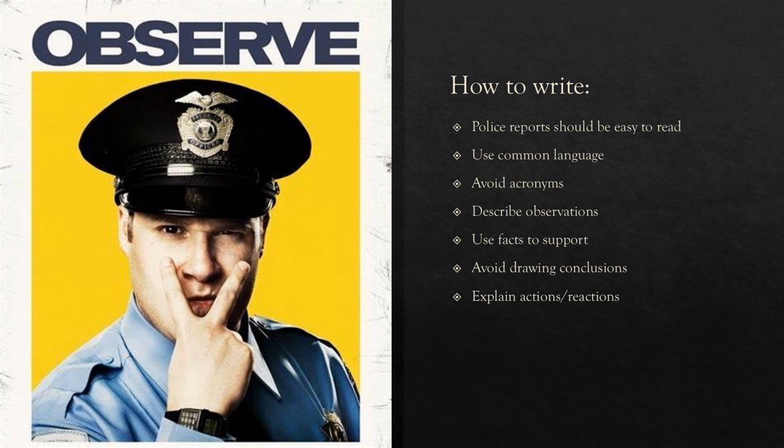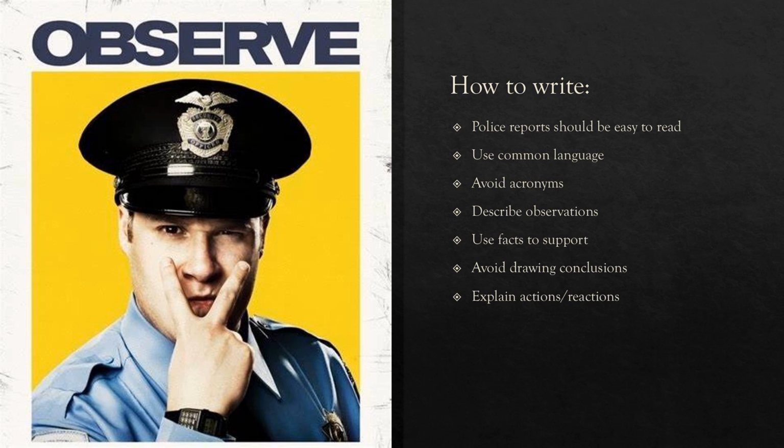The reports should use common language, not police jargon or acronyms. Any lay person should be able to grab a police report and easily read along and understand with great detail what happened. The report should describe what the officer was able to observe and not draw conclusions.